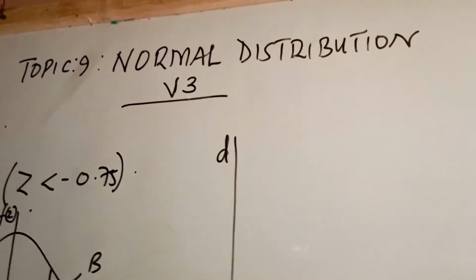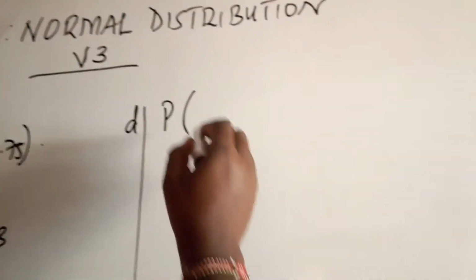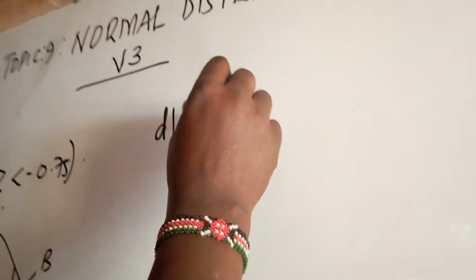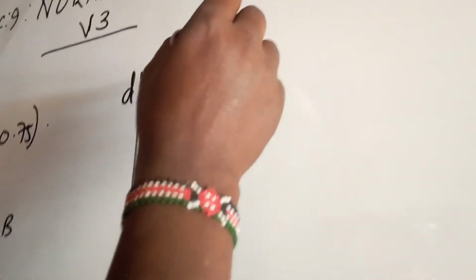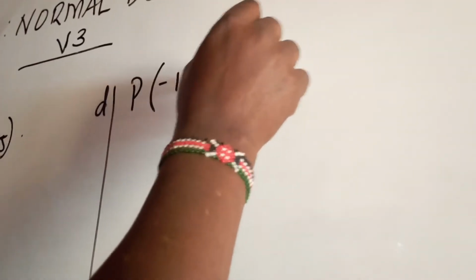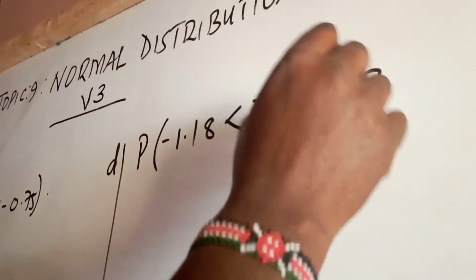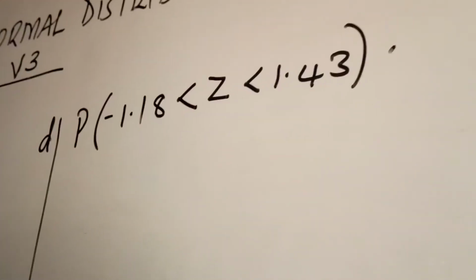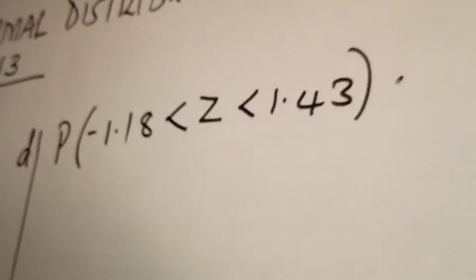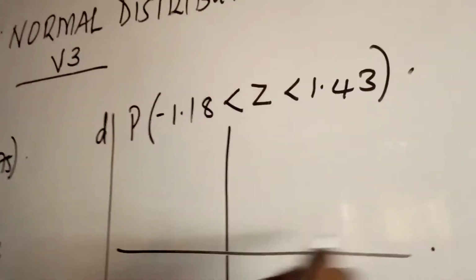Part D is asking us what is the probability of negative 1.18 less than z, which is less than 1.43? This is interesting because there is nothing that we need to do before we get the model.